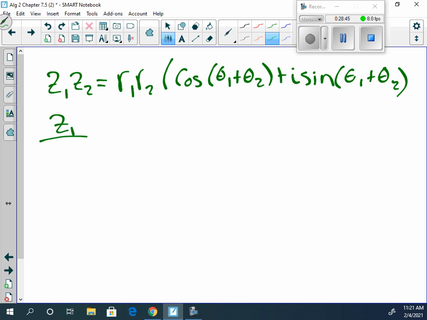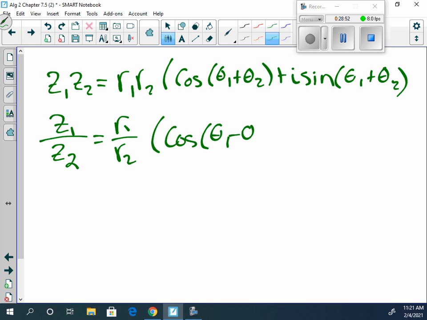Now, if we're dividing, so these are our two formulas. If we're multiplying, we multiply the r's together and add the angles. If we're dividing, we divide the r's and subtract the angles.